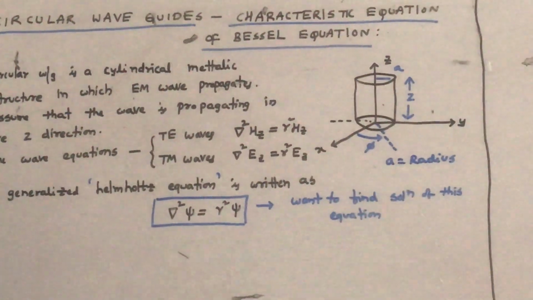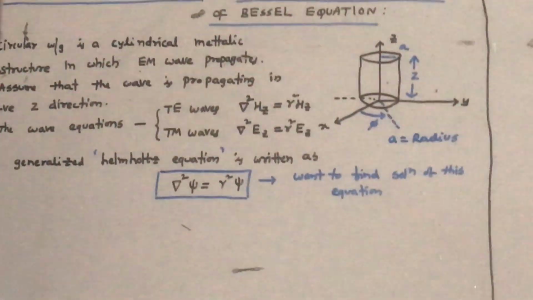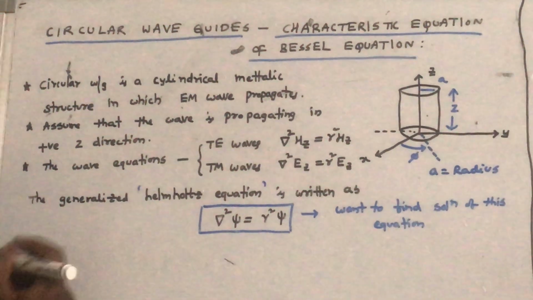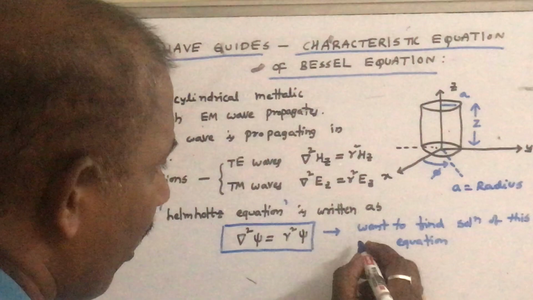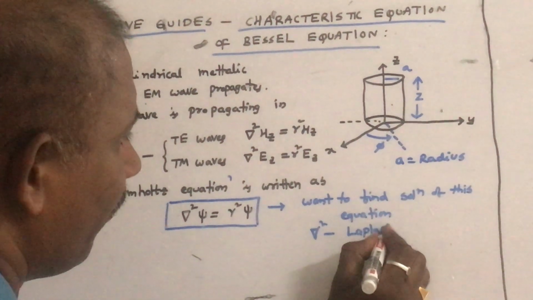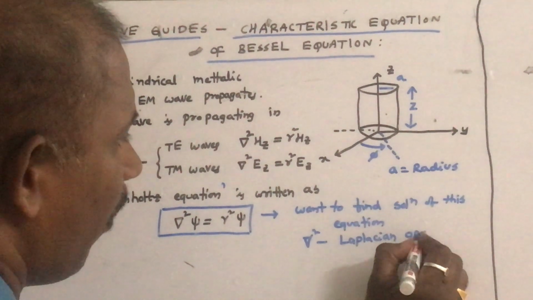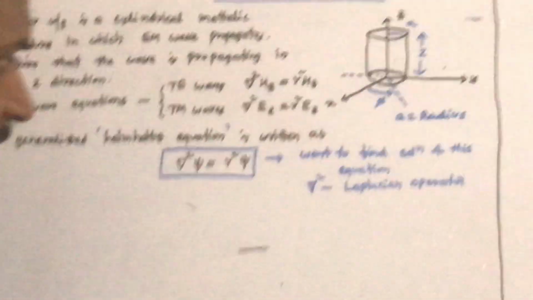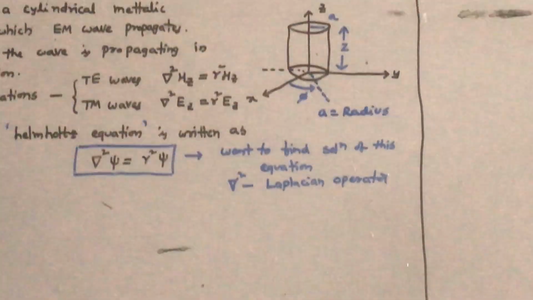Now, because this is a cylindrical coordinate system, the generalized expression for this Laplacian operator, del square, is called the Laplacian operator in mathematics. Where we have to write the del square formula in cylindrical coordinate system.